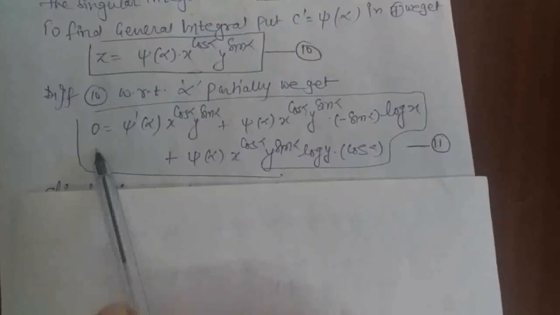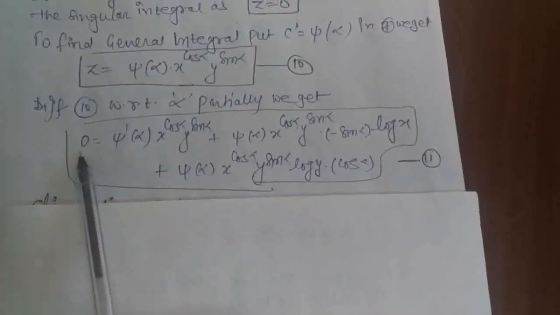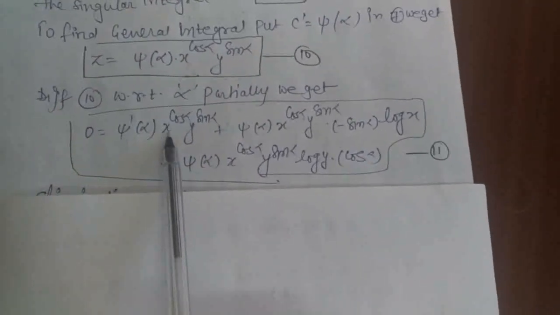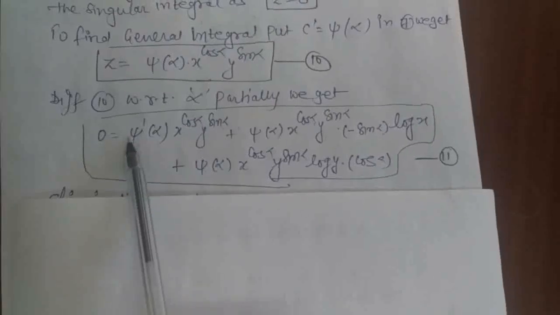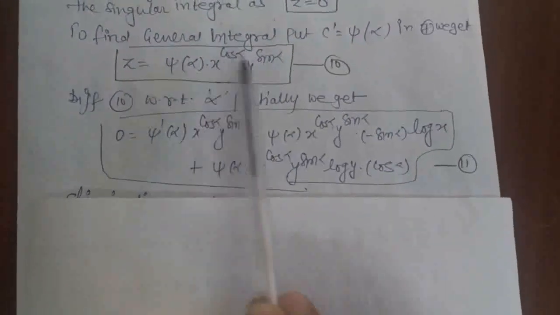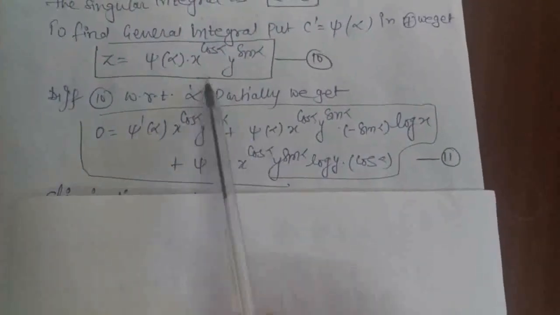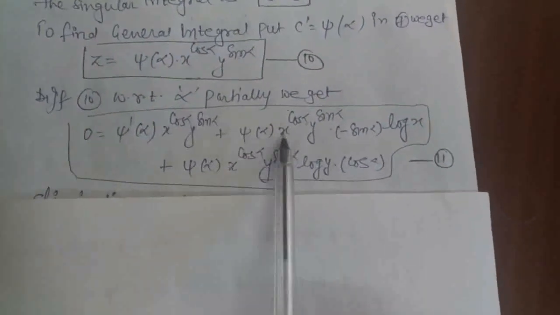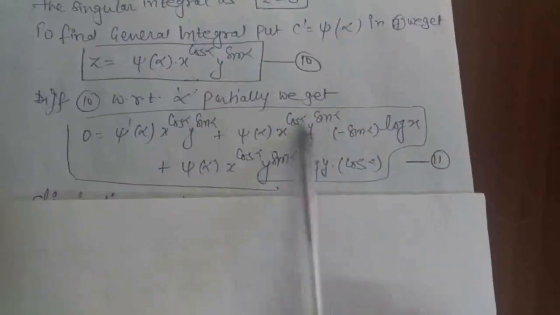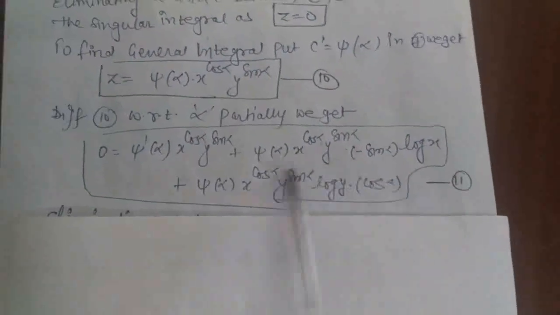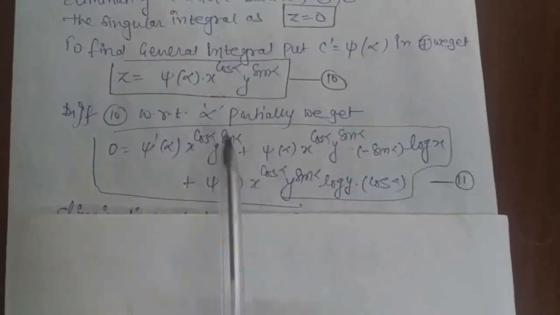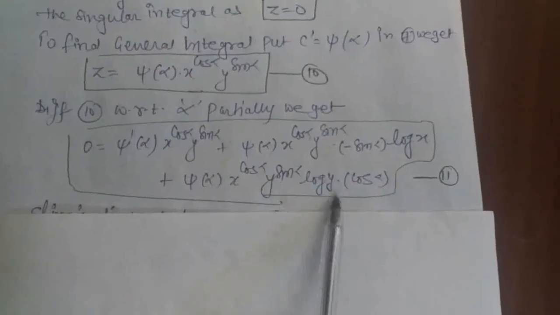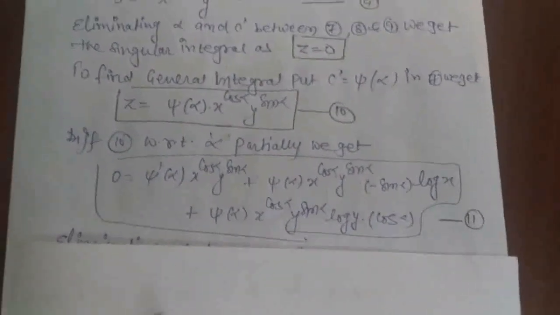this equation. With respect to alpha, the derivative of z is 0. Now u v w, so the derivative of u is psi dash alpha multiplied by v and w. This time multiply by u and w, and the derivative of v, that is the derivative of x cos alpha with respect to alpha, is x cos alpha log x, and the derivative of cos alpha is minus sin alpha, plus this time u v multiplied by the derivative of w, the derivative of y sin alpha is y sin alpha log y, and the derivative of sin alpha is cos alpha.